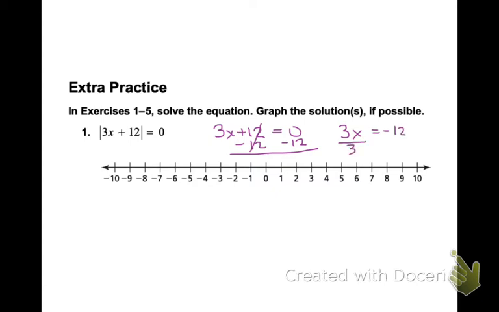And when I divide by 3, I get x is equal to negative 4. So the only value that we have is negative 4, but pretend like it's exactly on the negative 4. The only reason why we didn't have another equation to solve is it does not make sense to have a negative 0.